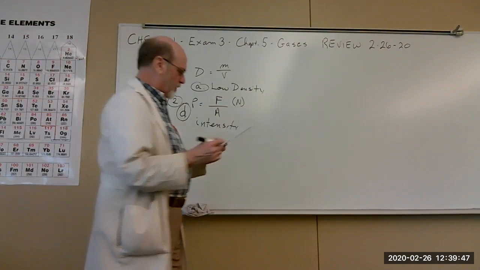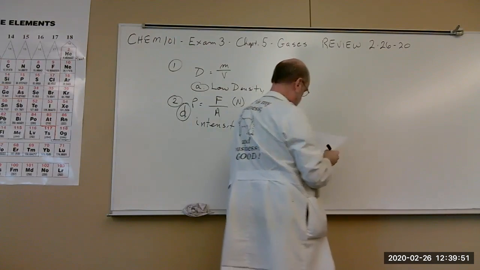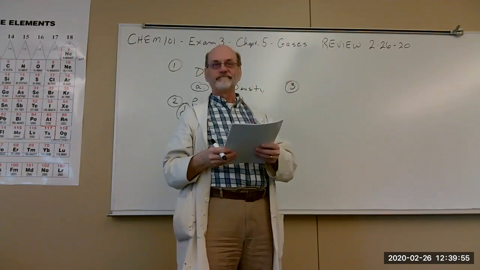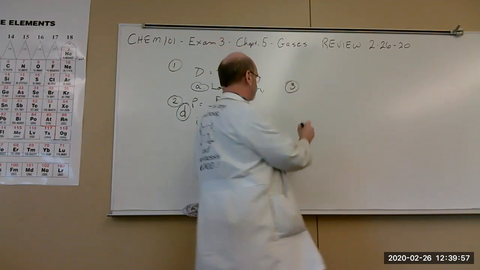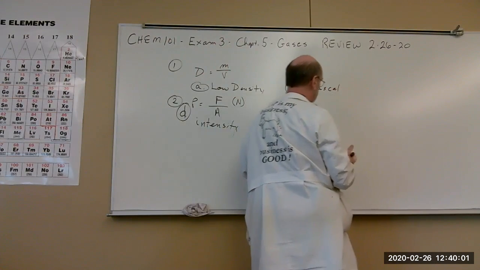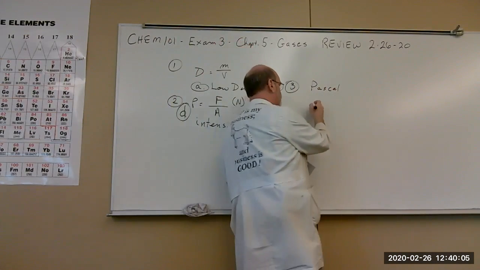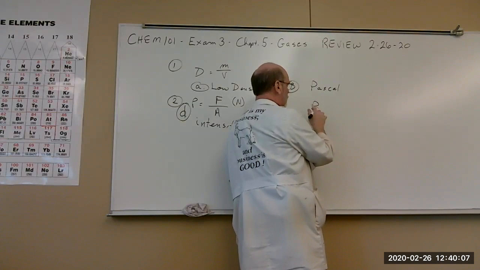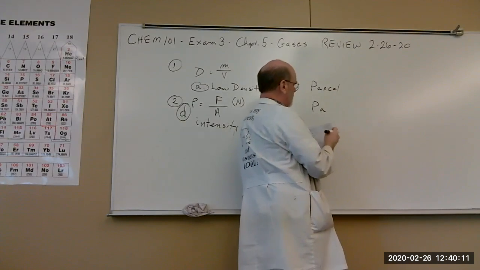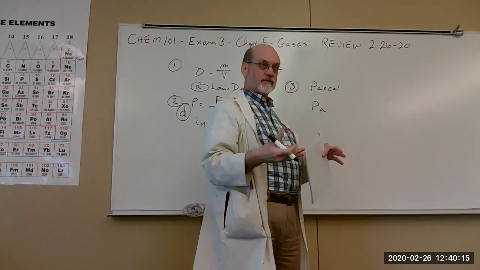The SI unit of pressure is, what is the SI unit of pressure? Do you remember? The Pascal. And it's the SI unit of pressure because it's defined in terms of fundamental units in the SI system.